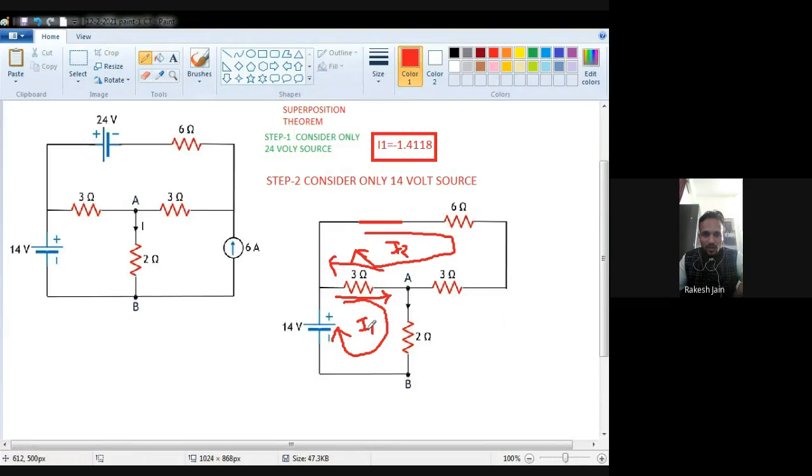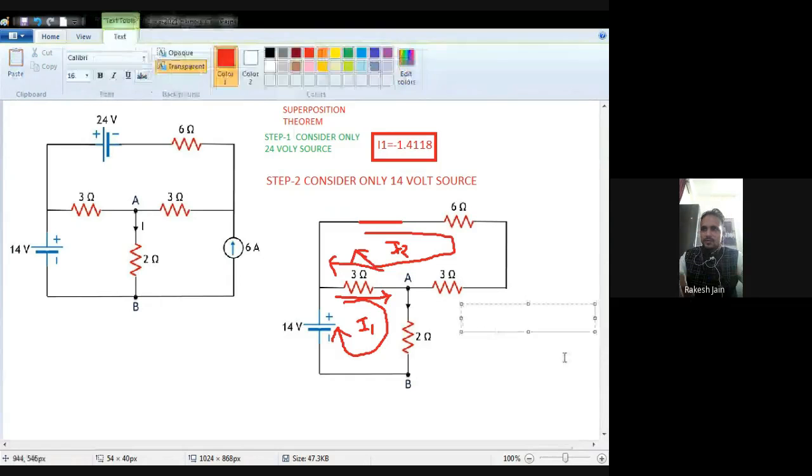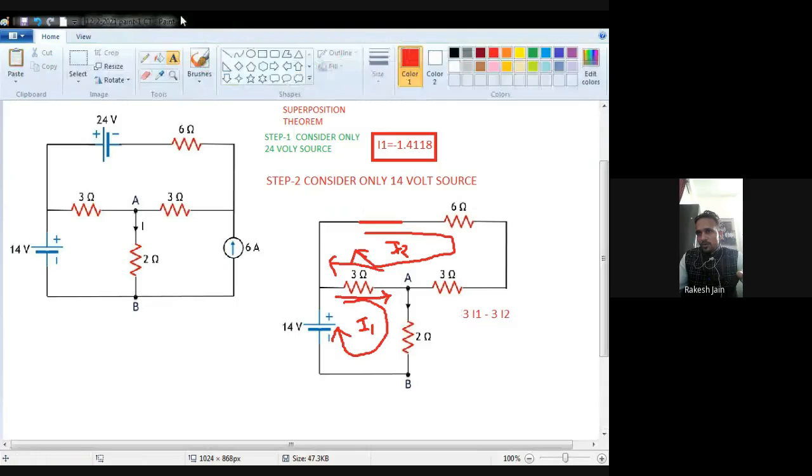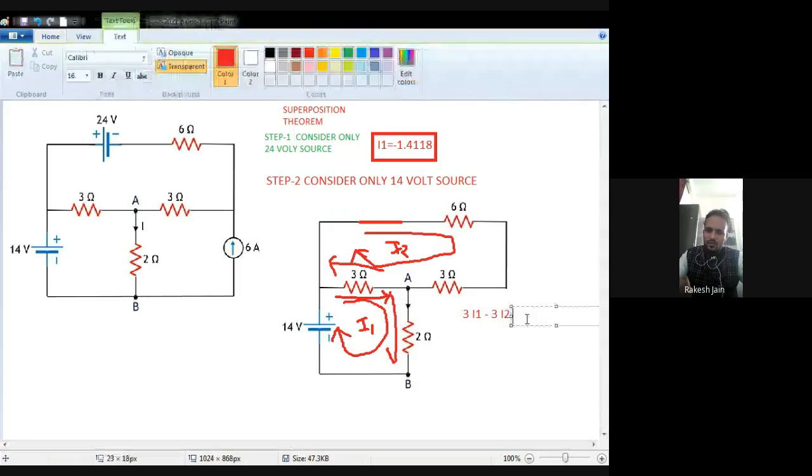With superposition theorem, we are able to solve any question easily and find out the answer. Now this is the step number 1 answer, that is minus 1.4118.